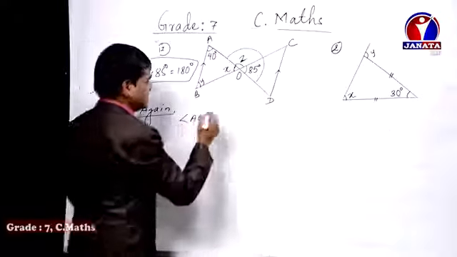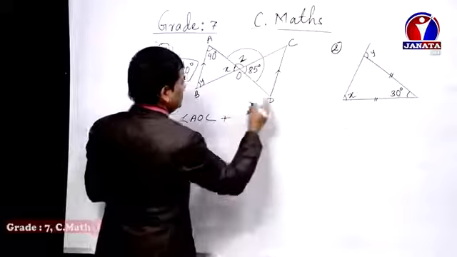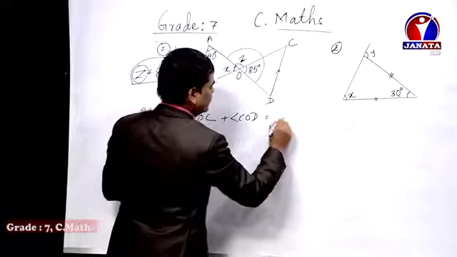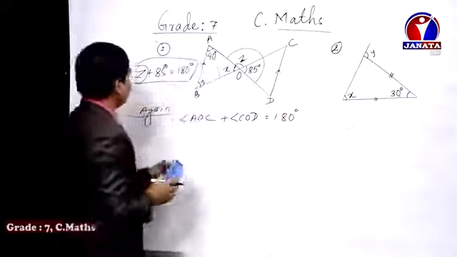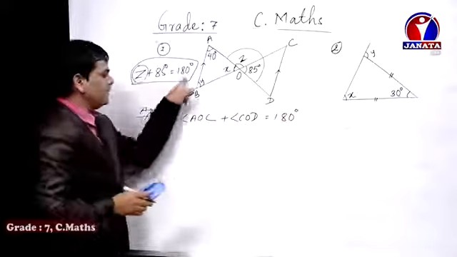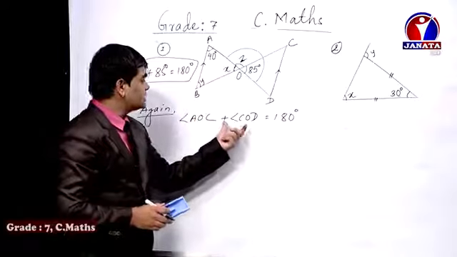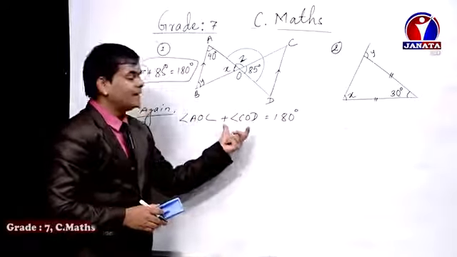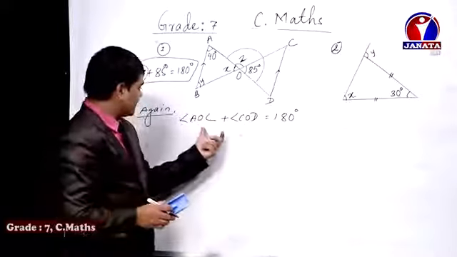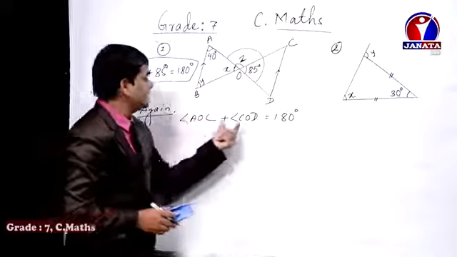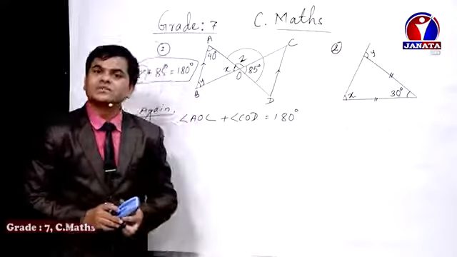So angle AOC plus angle COD equals 180 degrees. If you write in this way, the teachers or the people who check your copies feel happy, and it is more mannerly in comparison to the other way. So try to write those angles in this triple letter form.